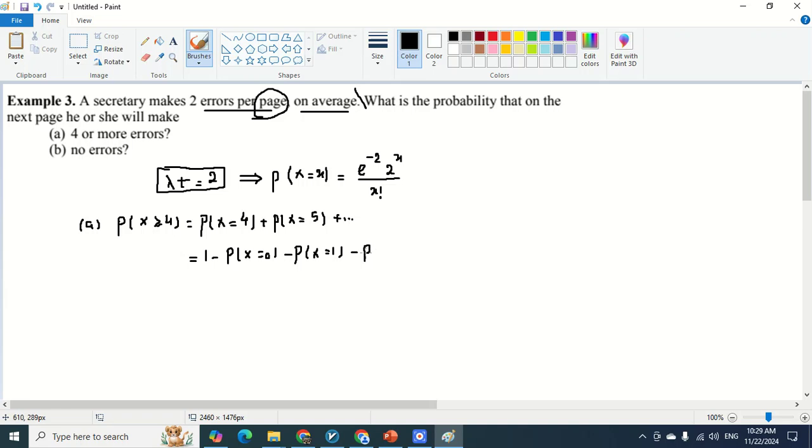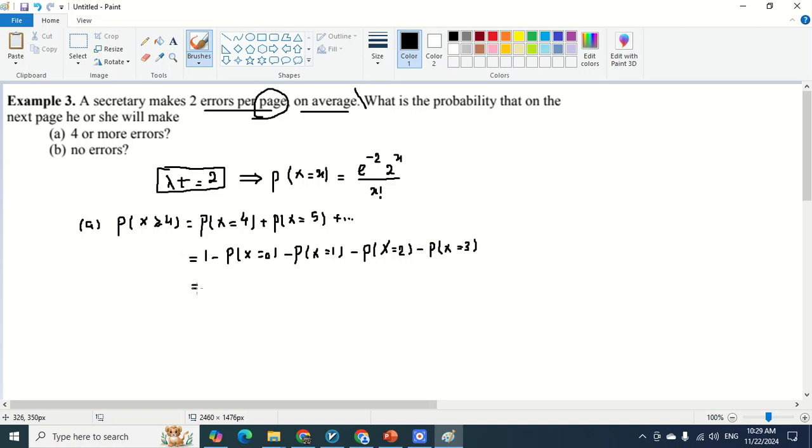If I subtract these values from 1, then I have the complementary cases. So instead of calculating that series, we should calculate the complementary parts. It's a practical way to calculate some probabilities. When you have a series like this, you can use the complement to calculate it.